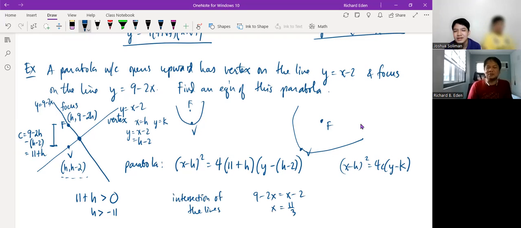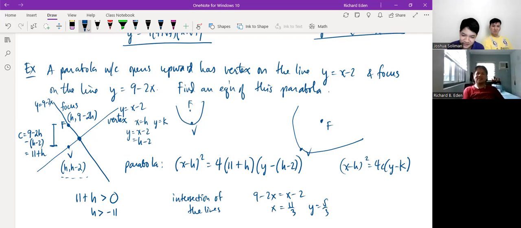Bro. Pangit, but anyway. When the coordinate is not an integer. Okay. So you have 3x is 11, so x is 11 thirds, minus 6 thirds. So 11 thirds and 5 thirds.